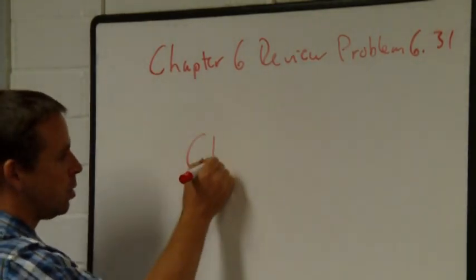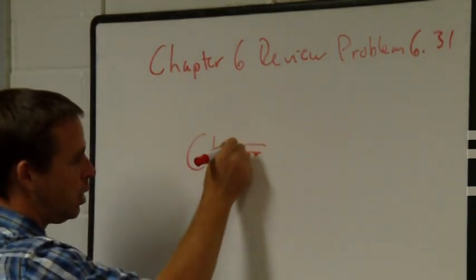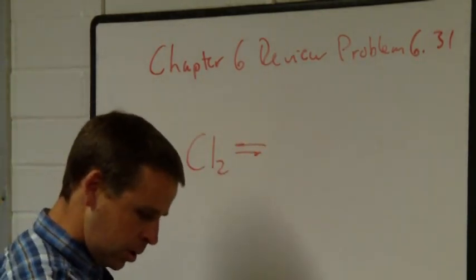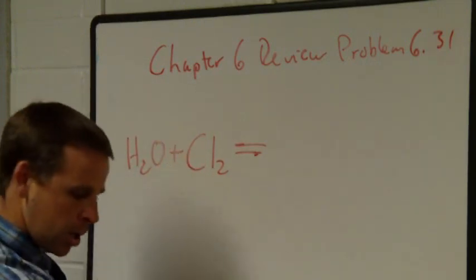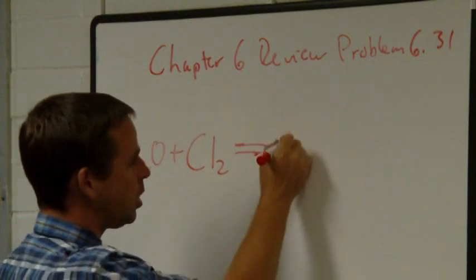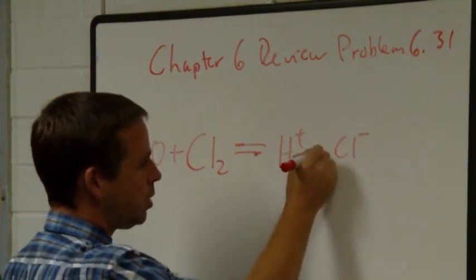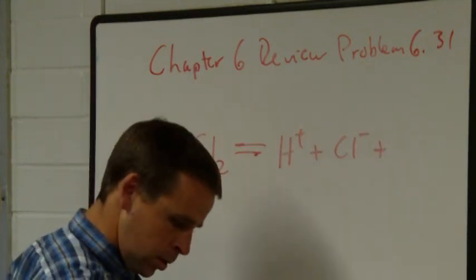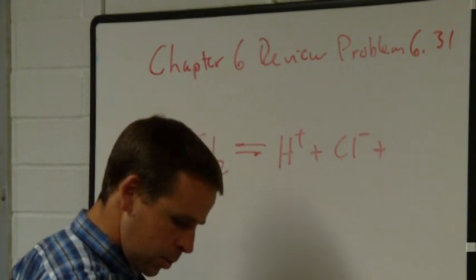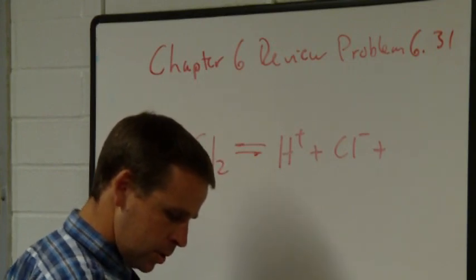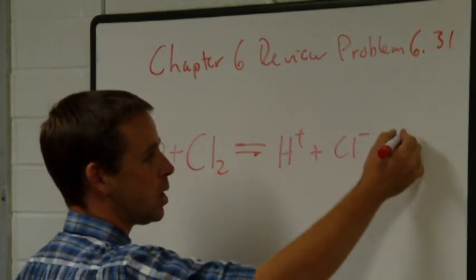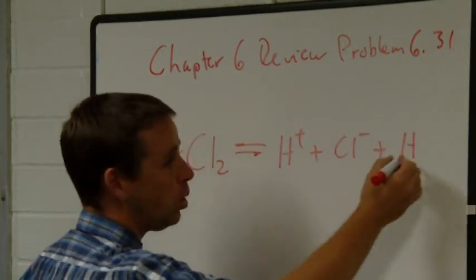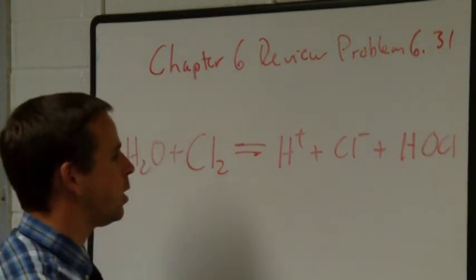Chlorine gas is interacting with water, and the products are proton, chloride ion, and let's see, that is hypochlorite. Hypochlorite goes to hypochlorous acid, HOCl, right?